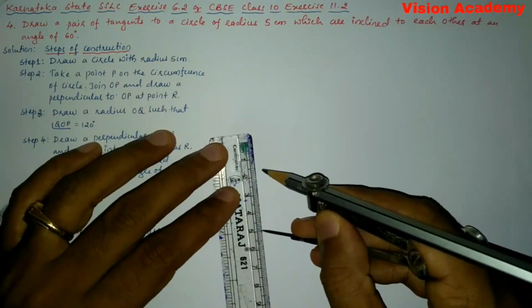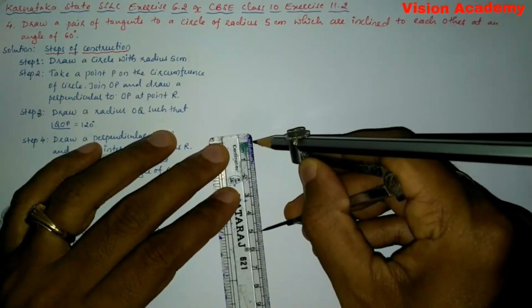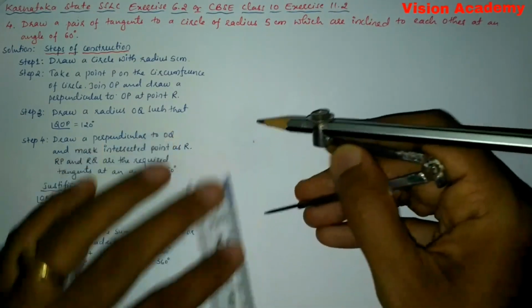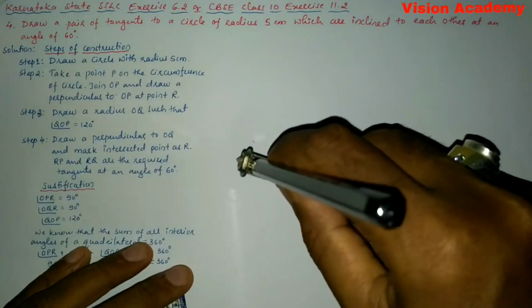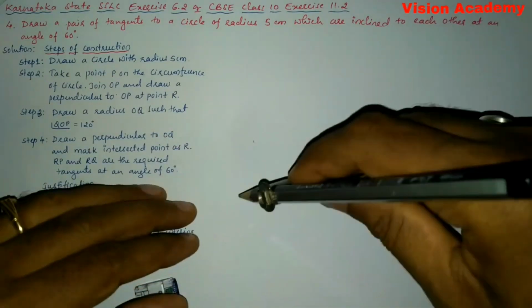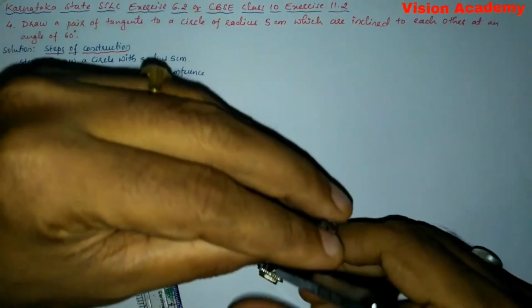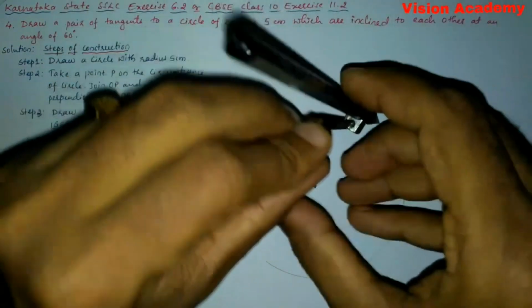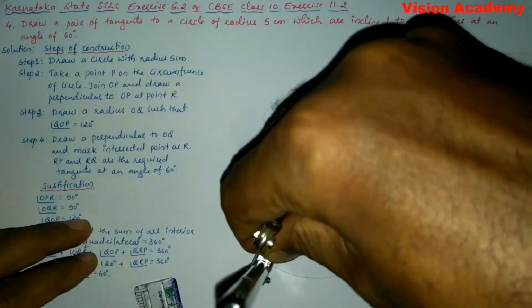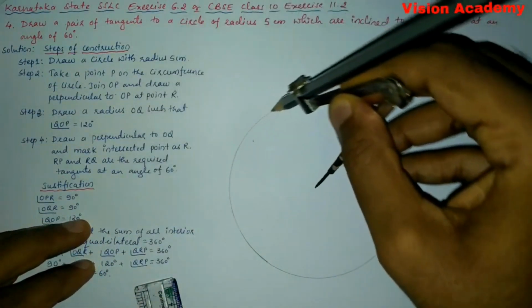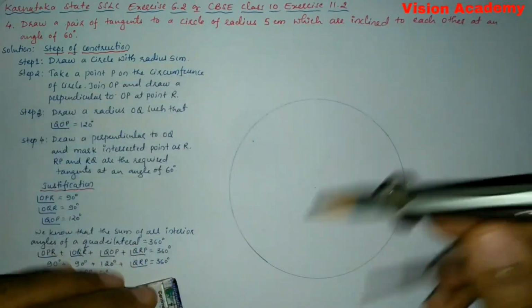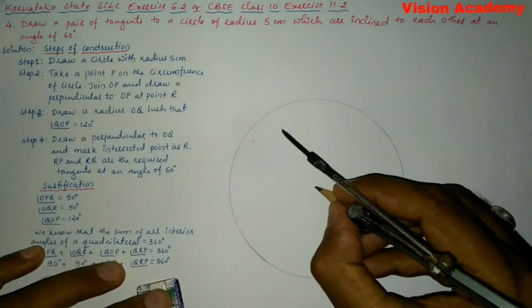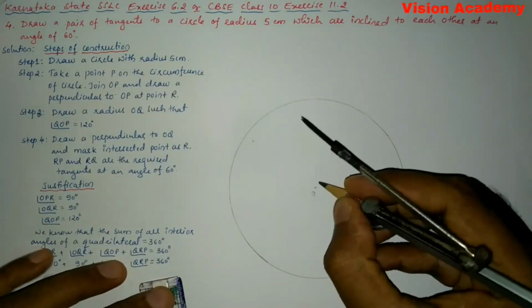So let us take 5 cm in the compass and let us draw a circle. Here let us take this as center of the circle O.